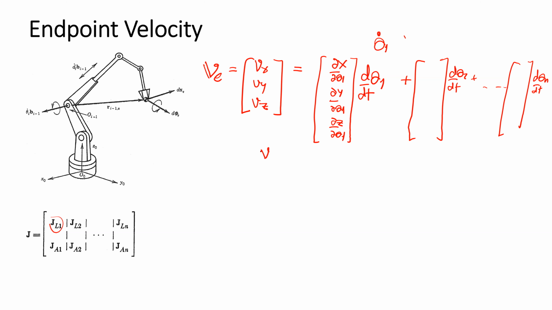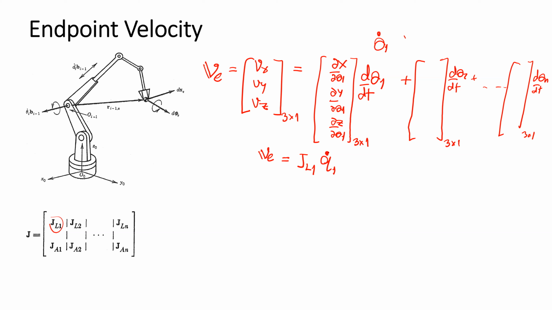We have the velocity vector. The velocity vector is formed by the Jacobian of the linear translation 1 and q1 dot.